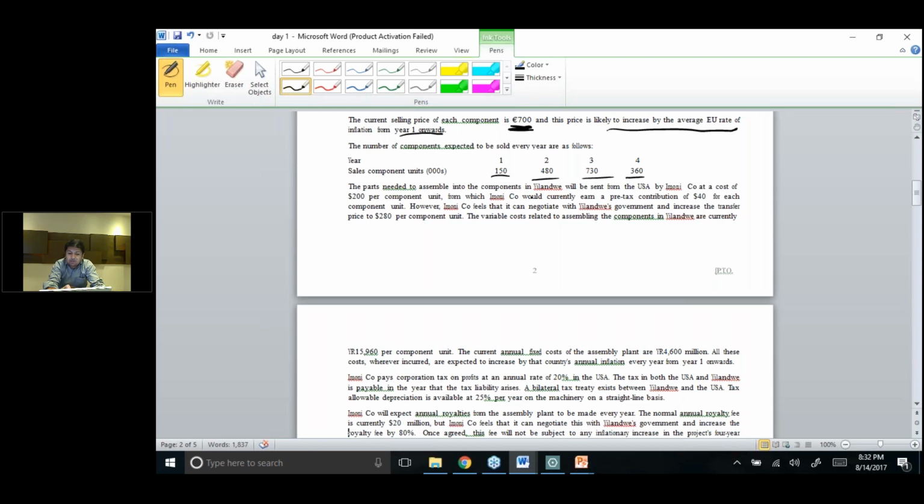The parts needed to assemble into the components in Yelandi will be sent from the USA by Imani company at a cost of $200, from which the company is currently earning $40 as a contribution. However, Imani company feels that it can negotiate with the Yelandi government and increase the transfer price to $280. That means on this component, the parent company will earn $40 plus the price hike of $80, a contribution of $120.